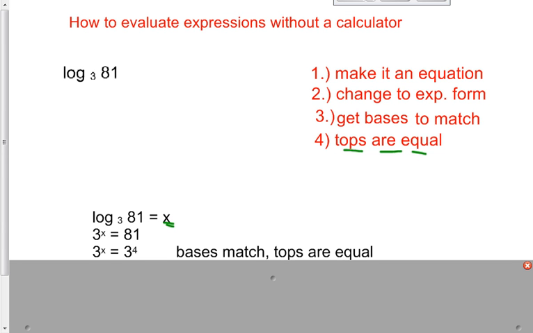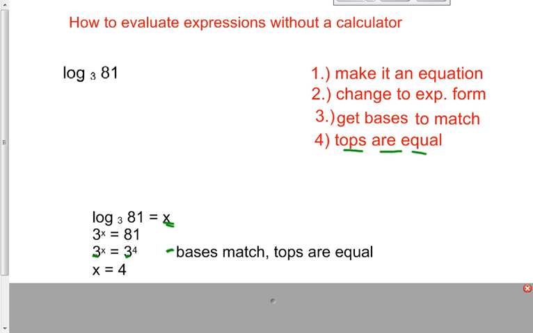And then we go to step number 4. Tops are equal to each other, so you have this rule. Anytime you get your bases to match, 3 and 3, bases match, tops are equal, your answer is x equals 4, and we should be done. So this value, log base 3 of 81, is 4.